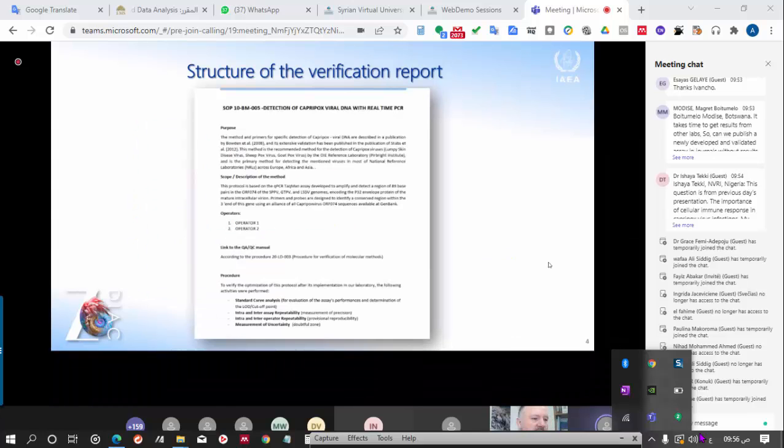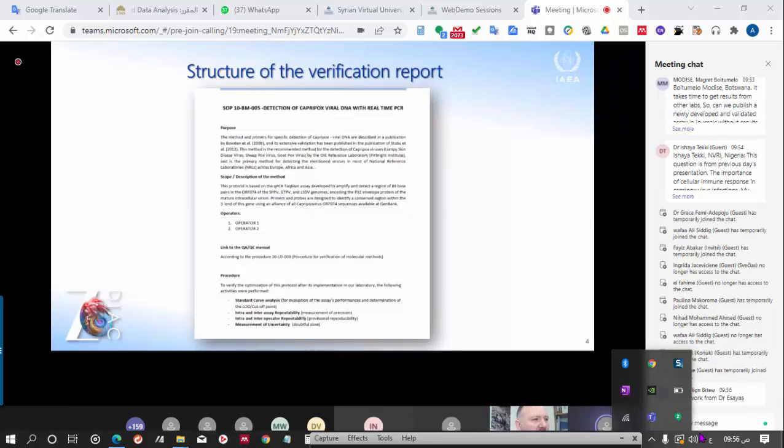So I'm going to present, as I said, an example in practice. This was a draft version of a verification report. As you can see, it is on the same virus, the same topic as my colleague Dan previously explained in his work on validation of a specific assay.